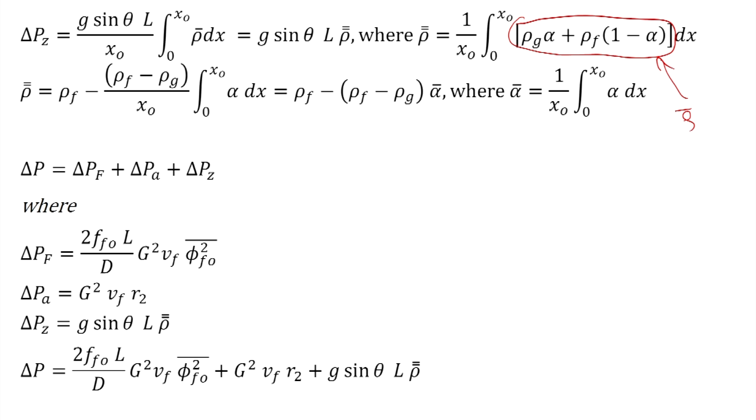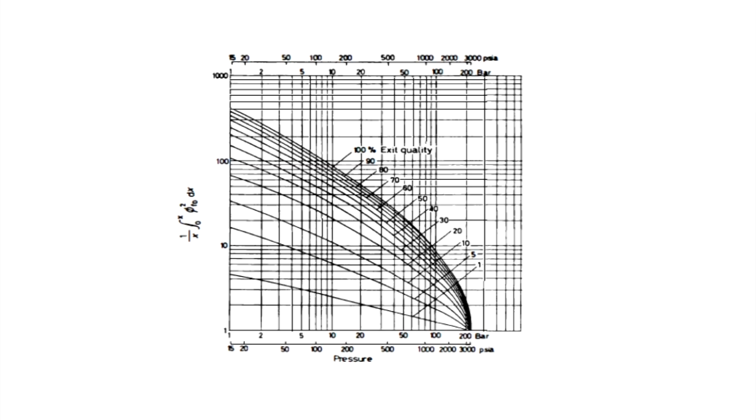So, with separated flow model, we will use the Martinelli and Nelson correlation and then evaluate these pressure drops. We have seen some graphs given by Martinelli and Nelson. They had given some more graphs. They had plotted this phi fo square bar.